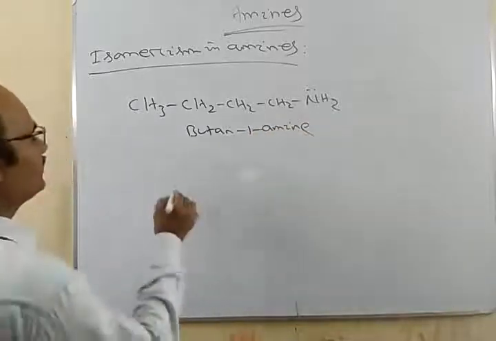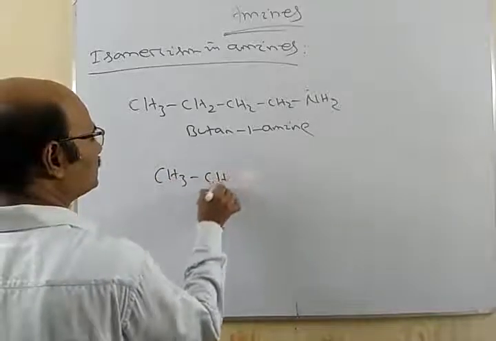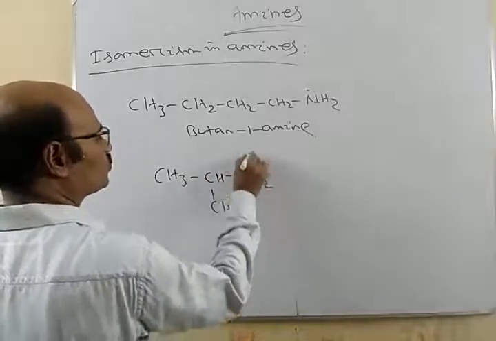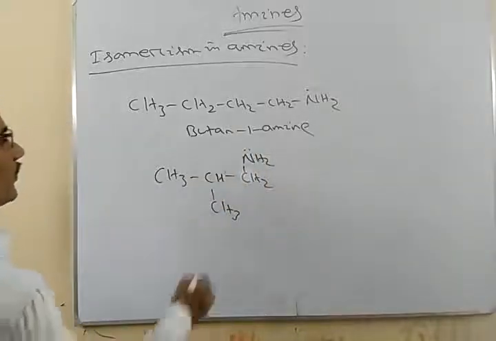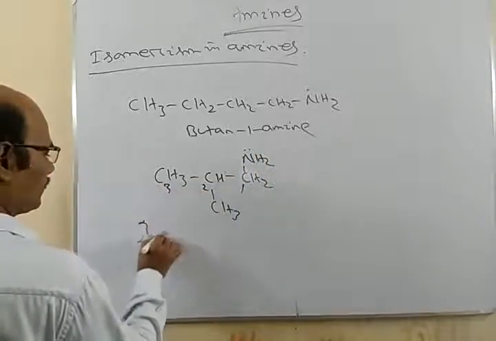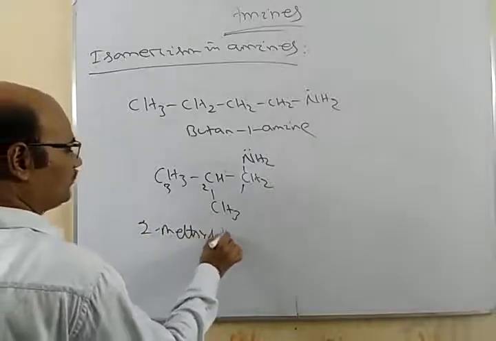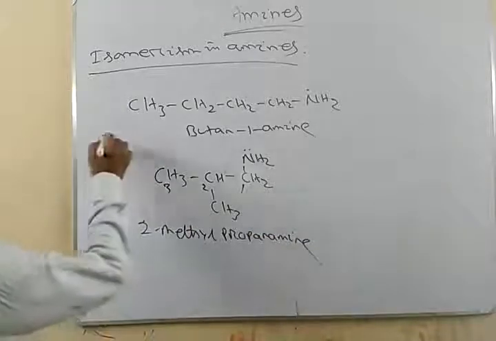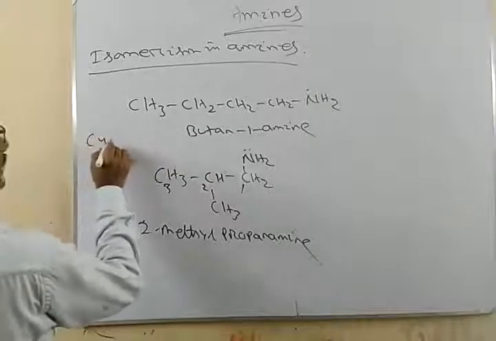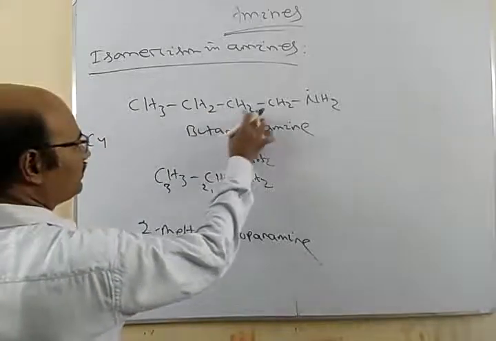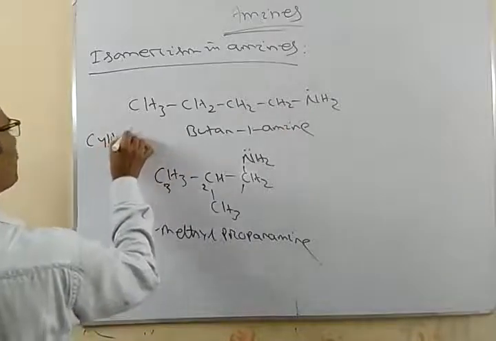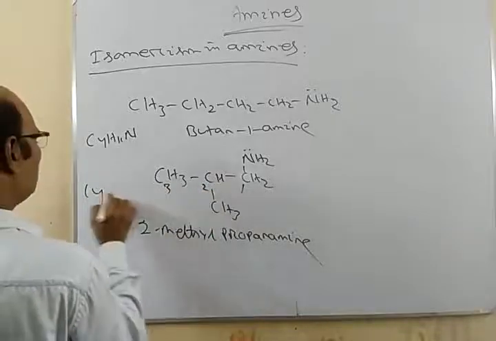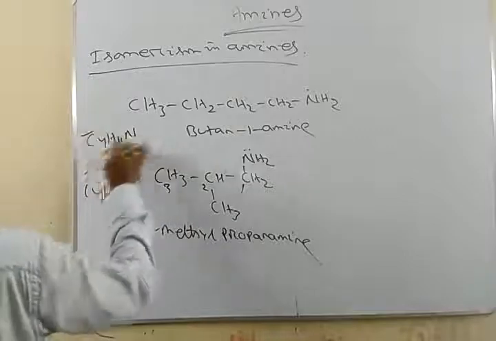If I write CH3CH2CH2CH2NH2, that is butan-1-amine, and CH3CH(CH3)CH2NH2, that is 2-methylpropan-1-amine. Here you see C4H11N, and here also C4H11N. So they have the same formula.